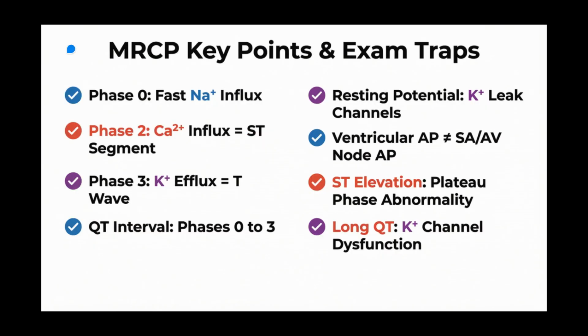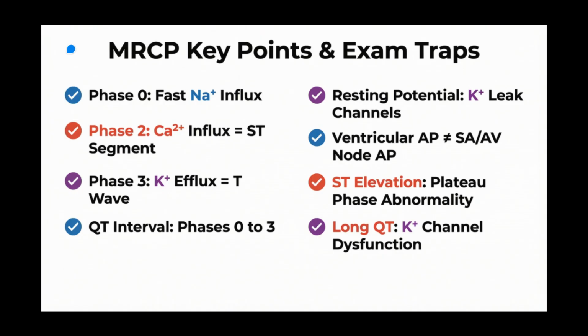MRCP key points and exam traps. Phase 0 is fast sodium influx. Phase 2 is calcium influx and corresponds to the ST segment. Phase 3 is potassium efflux and corresponds to the T wave. QT interval includes phases 0 to 3.